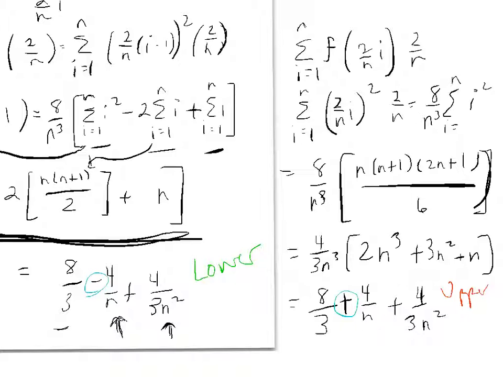Again, the 8/3 is the same out front. That does not depend on n. And the other two terms that do depend on n will get smaller and smaller as n increases. But here we add 4 over n, and here we subtract 4 over n. That's the only difference between the two.